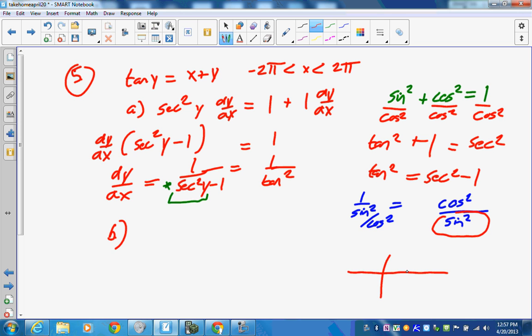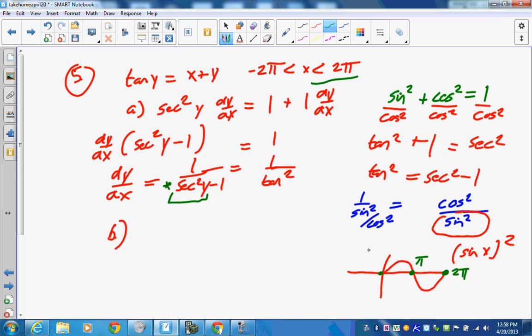So sine squared, or just sine in general, does what? Starts off at 0 and goes back down. If you have sine of the angle squared, when it's 0, 0 squared is still 0. So all you have to do is remember where it's equal to 0. Of course, that's pi, and that's 2 pi. 2 pi is outside of our range.